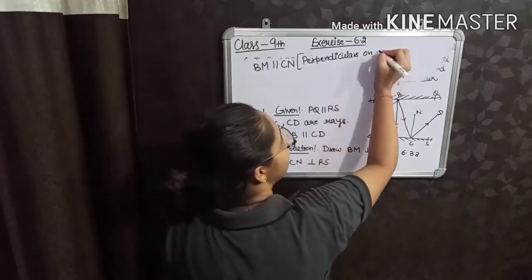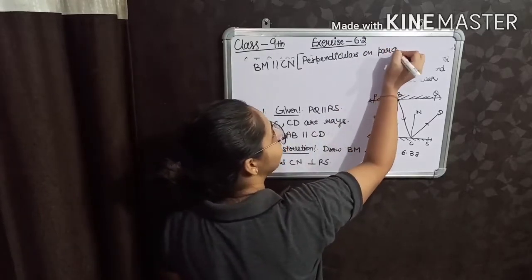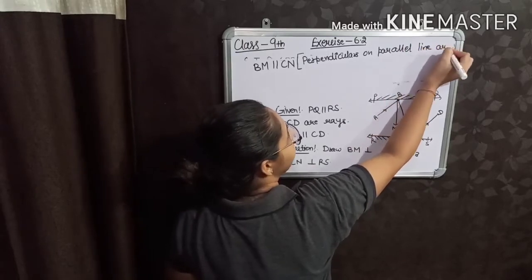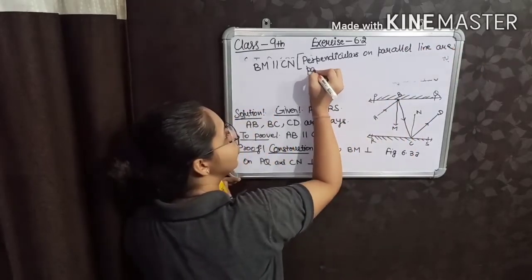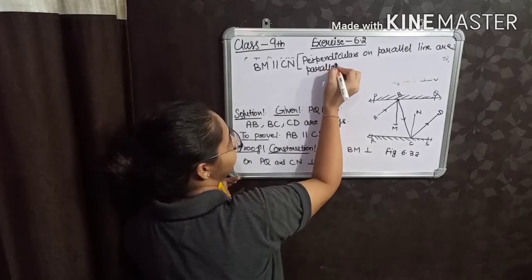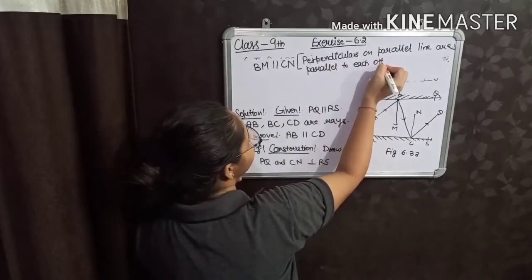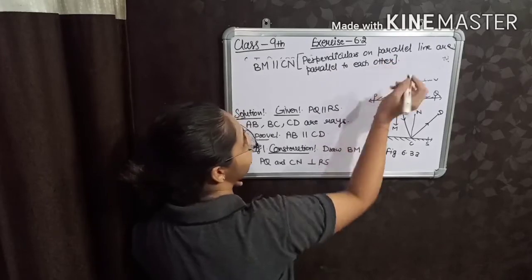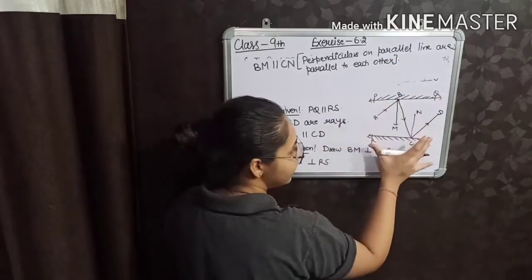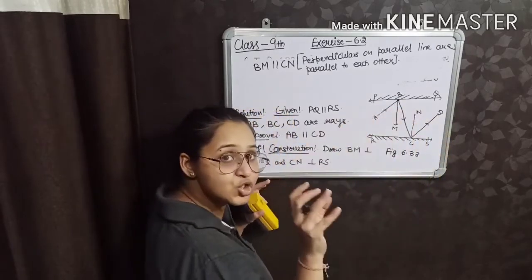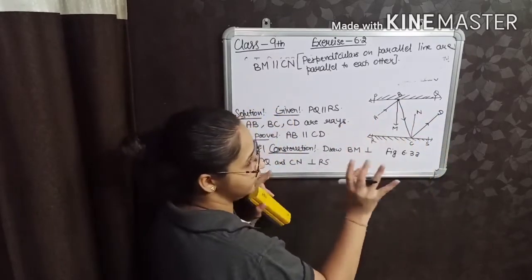Why? The reason: first you write BM is parallel to CN, because perpendiculars on parallel lines are parallel to each other. I am repeating, if you draw perpendiculars on parallel lines, then these two perpendiculars will also be parallel to each other.